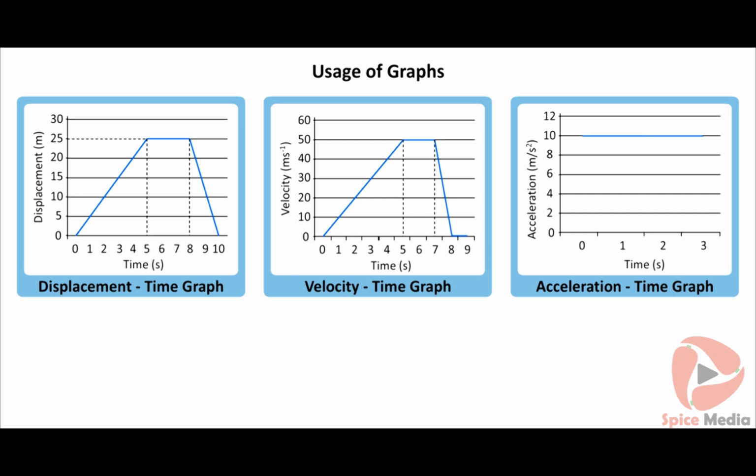Some of the graphs that are used to study motion are distance-time graph and velocity-time graph. In these graphs, time is an independent variable that keeps changing. It is always taken along the x-axis. Other variables like distance and velocity are dependent variables that depend on time. These dependent variables are always taken along the y-axis.